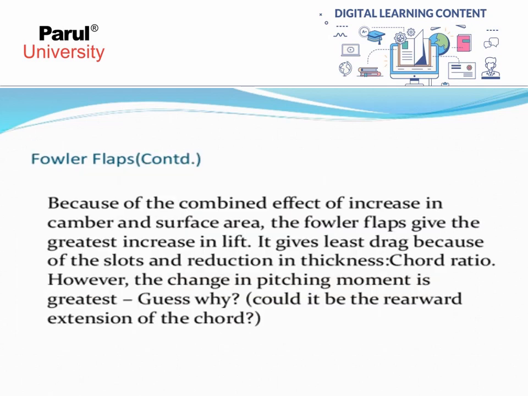Now the Fowler flaps continue. Because of the combined effect of increase in camber and surface area, the Fowler flaps give the greatest increase in lift. They give the least drag because of the slots and reduction in thickness chord ratio. However, the change in pitching moment is greatest.